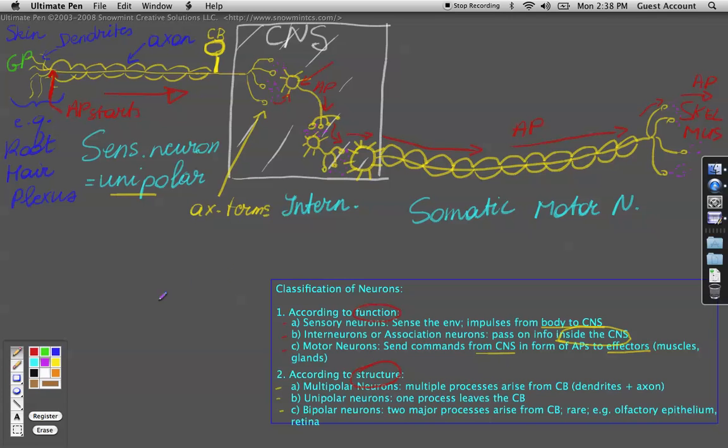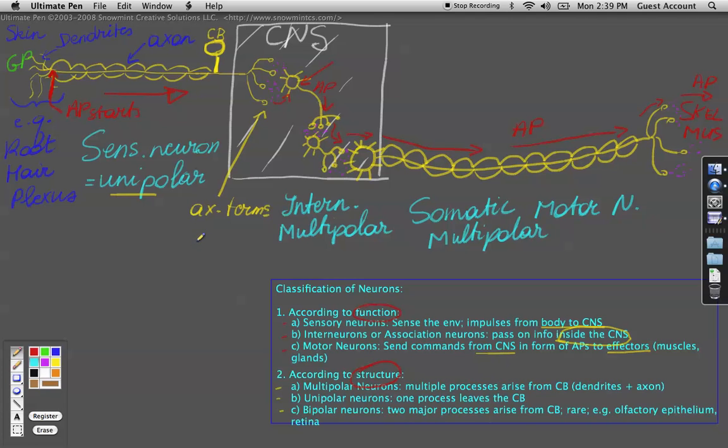We see that our somatic motor neuron is multipolar. We see that our interneurons are typically multipolar, although they can take on all kinds of bizarre forms. But the majority of them will be multipolar. And then, as we already discussed, your sensory neurons are unipolar.